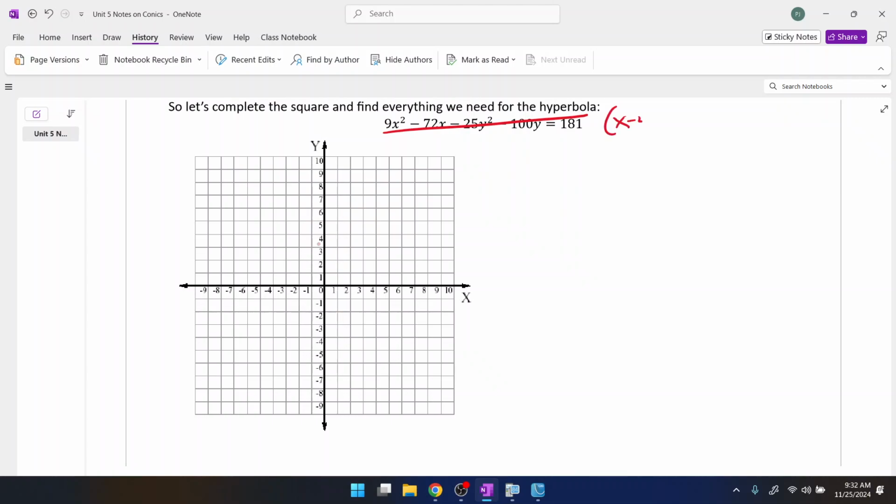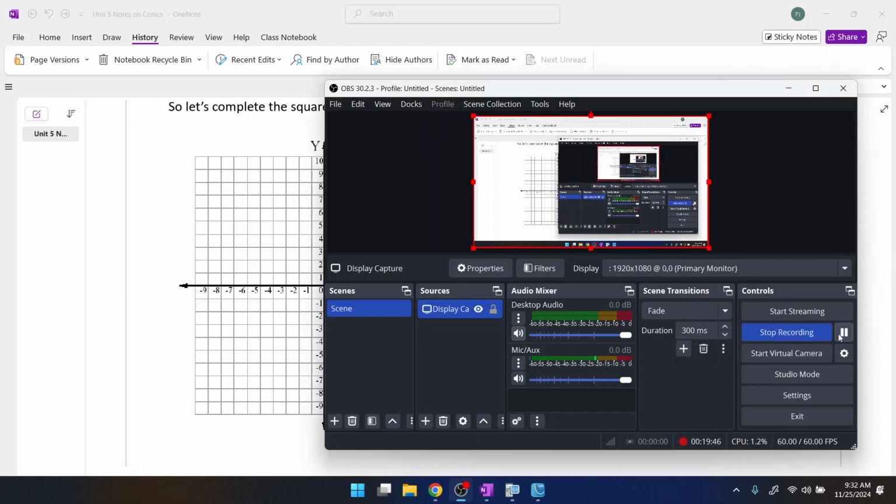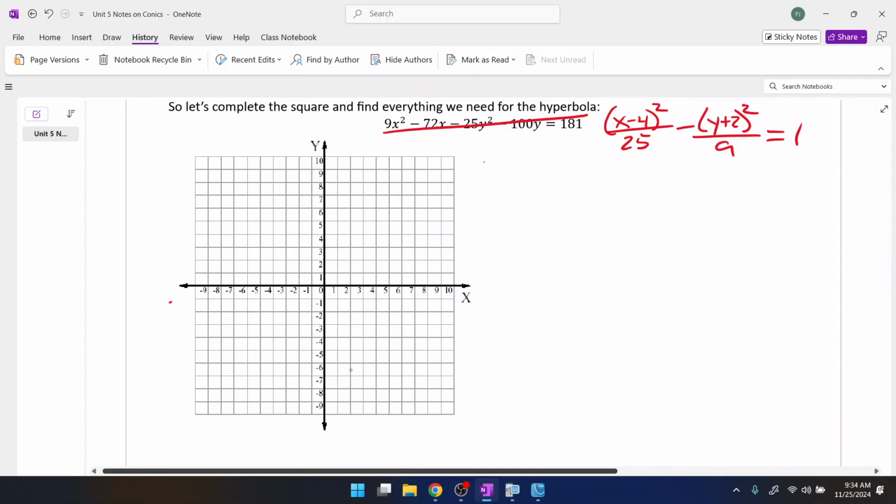It'll be x minus 4 quantity squared over 25 minus y plus 2 quantity squared over 9 equals 1. So it's going to be centered someplace other than the origin. The coordinates of the center are going to be where? 4, negative 2.